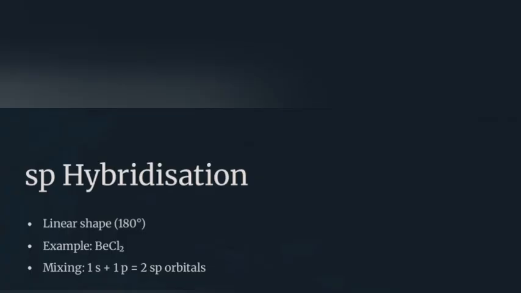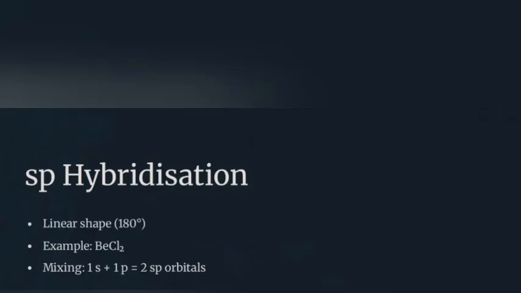You will see sp hybridization, sp2 hybridization, sp3 hybridization. At some more advanced levels, you see sp3d, or you see sp3d2. You see different types of other hybrid mixing. But what do all these things mean? What is sp? What is sp2? What is sp3?